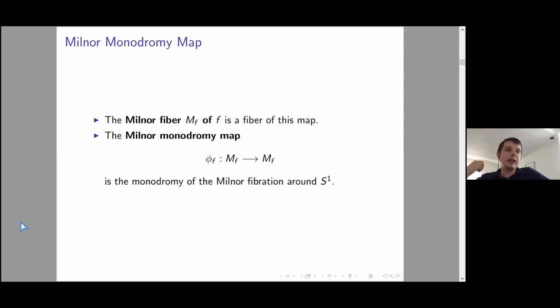There's a natural connection given by the kernel of the standard symplectic form when you restrict it to the sphere, and that gives you a connection, and you can parallel transport positively around the circle, and you get a monodromy map from the Milnor fiber to itself.